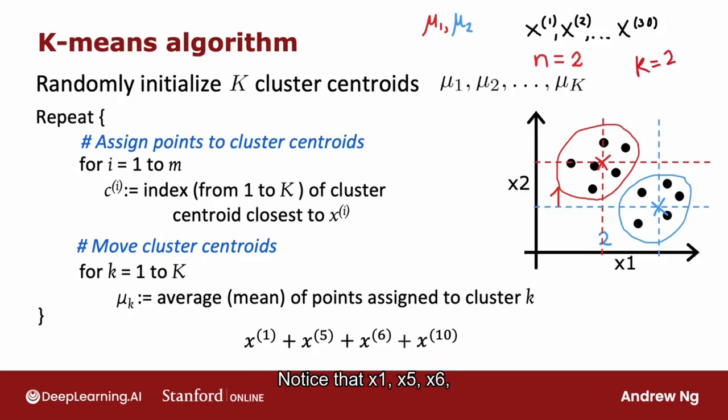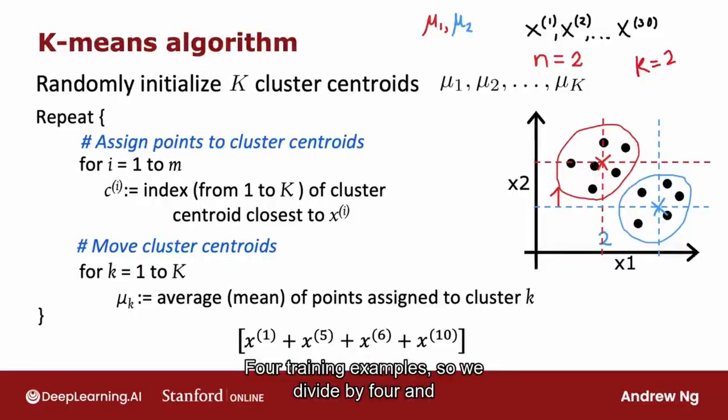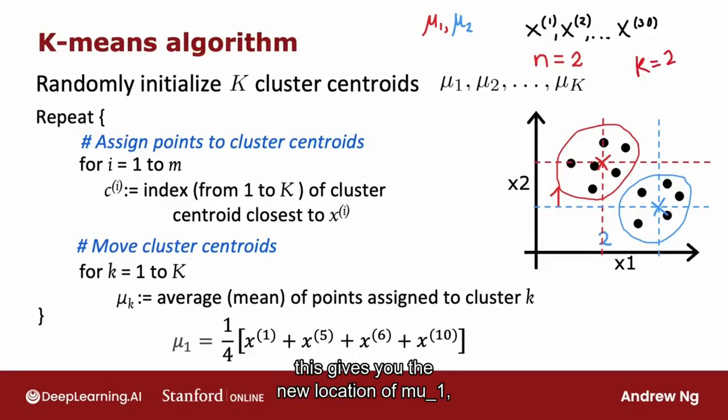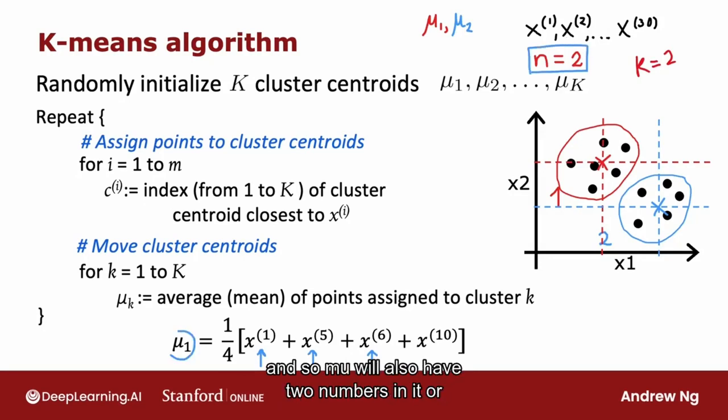Notice that x1, x5, x6, and x10 are 4 training examples, so we divide by 4, and this gives you the new location of mu1, the new cluster centroid for cluster 1. To be clear, each of these x values are vectors with 2 numbers in them, or n numbers in them if you have n features. And so mu will also have 2 numbers in it, or n numbers in it if you have n features instead of 2.